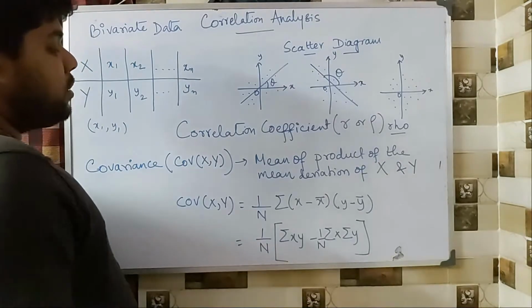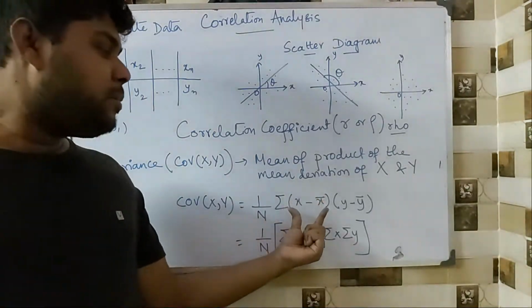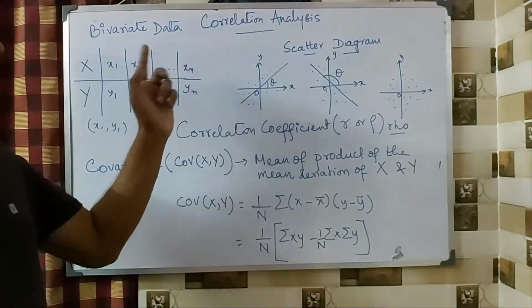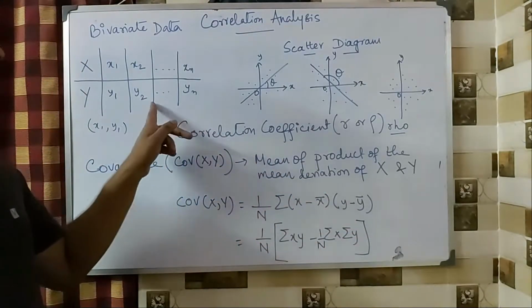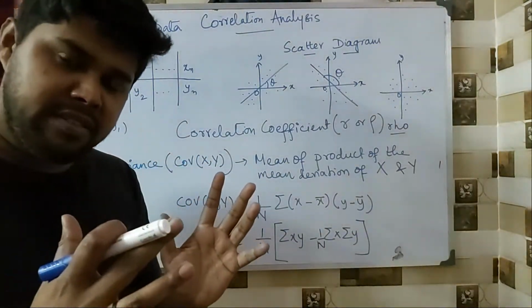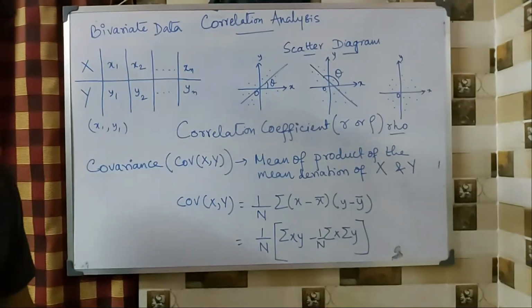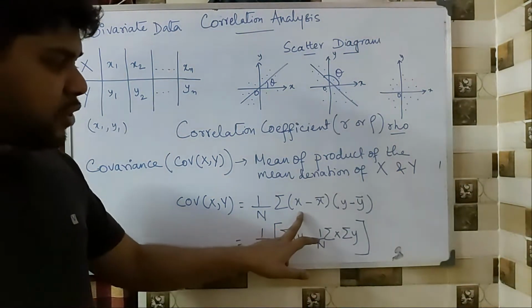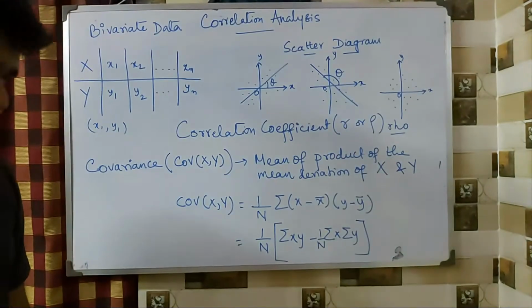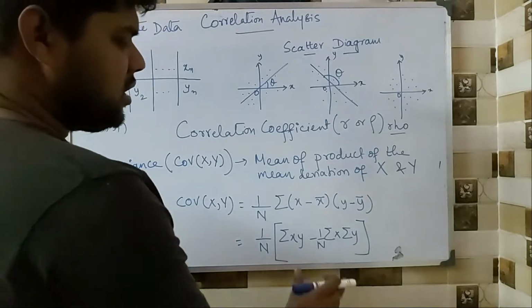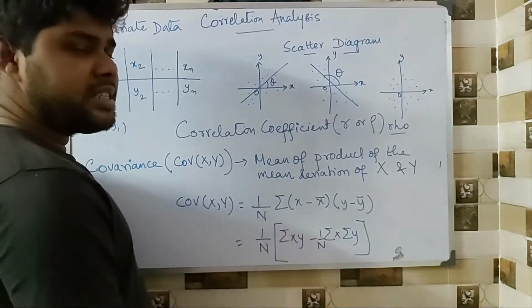Here, I find the mean deviation of one variable, I find the mean deviation of the second variable, multiply their values, take the sum and then divide by the total number of data. So this is one formula, and if I multiply these two, I get this other formula. Fine. So these are the two formulas that you have.